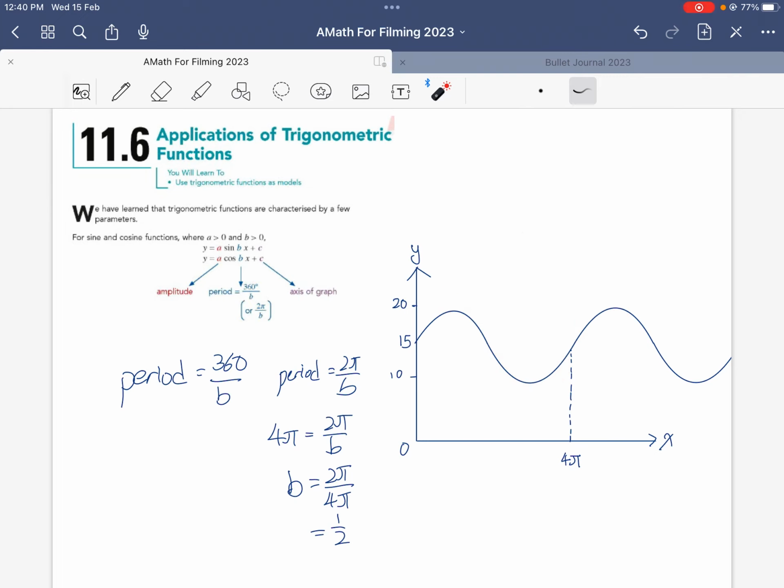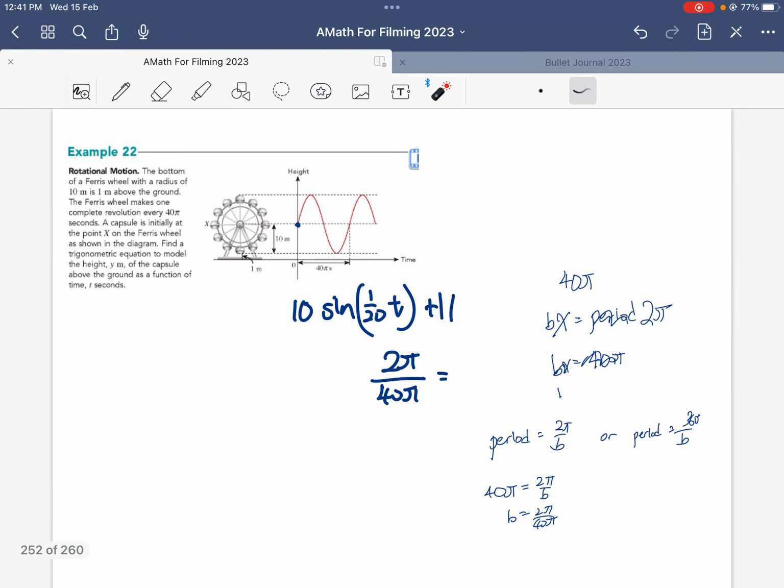Similarly, from trough to trough, the bottom, here to here, this will also be 4 pi, the period. So instead of just seeing one complete cycle in this sense, you can see it from peak to peak, or from trough to trough. That will also be 4 pi, the period in this case.